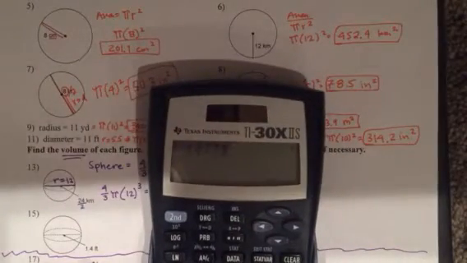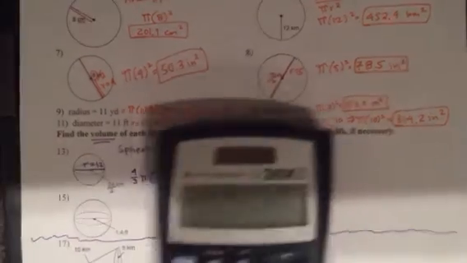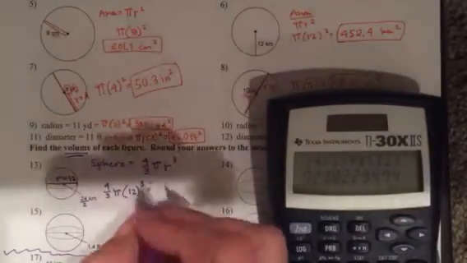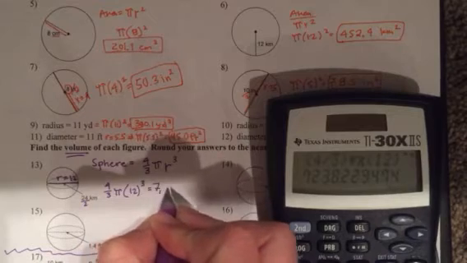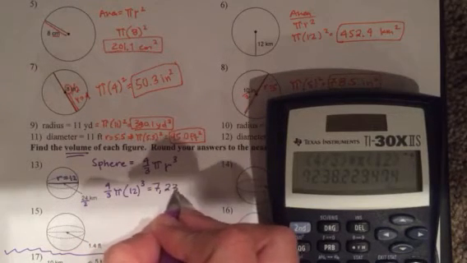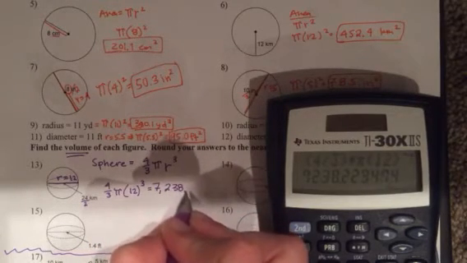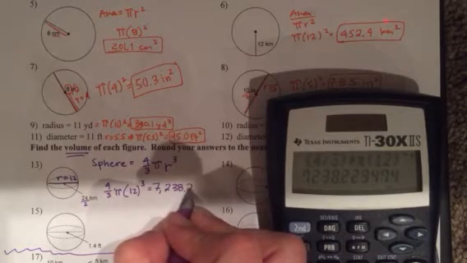4 divided by 3 times pi times 12 to a power of 3 equals 7,238.2.